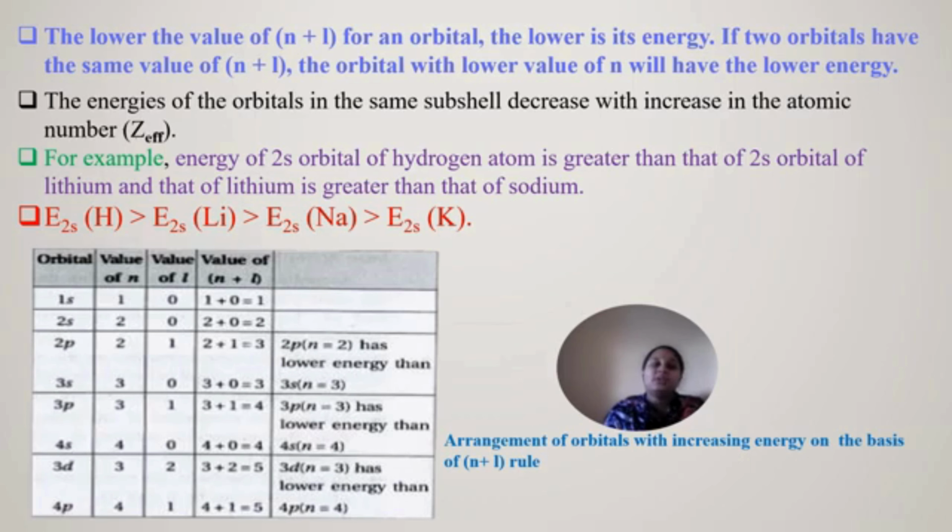And the energy also decreases within the same shell with an increase in the atomic number. The energy of the 2s orbital of hydrogen is greater than the 2s orbital of lithium, and the 2s orbital of lithium is greater than that of sodium. So it continues in the order of hydrogen, lithium, sodium, potassium, like that.